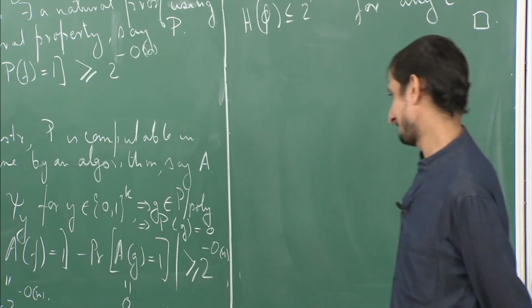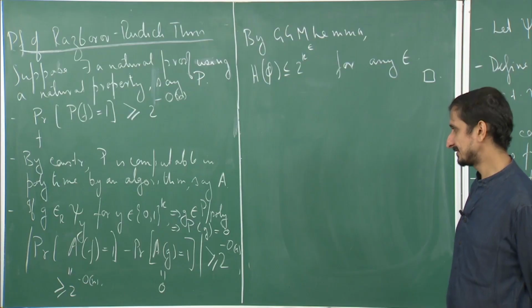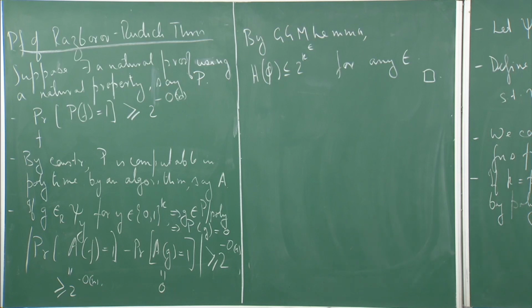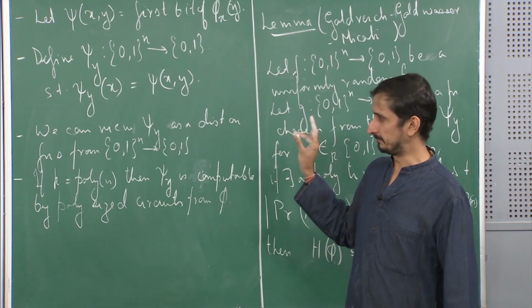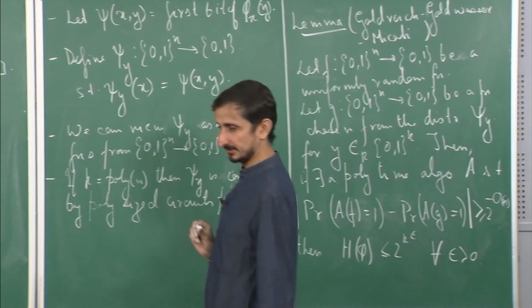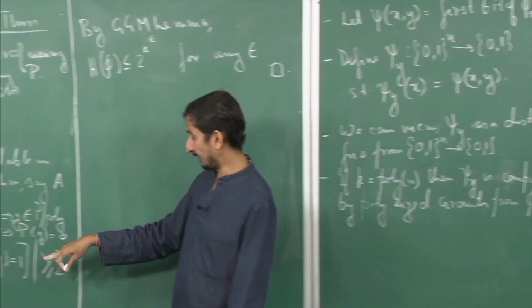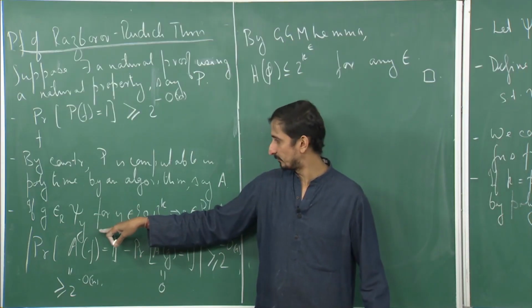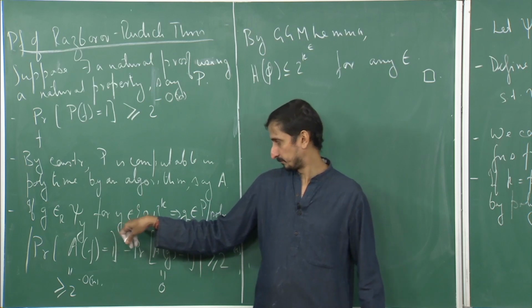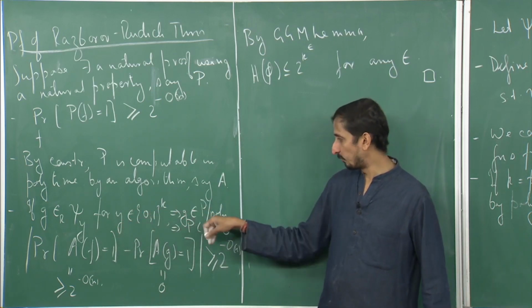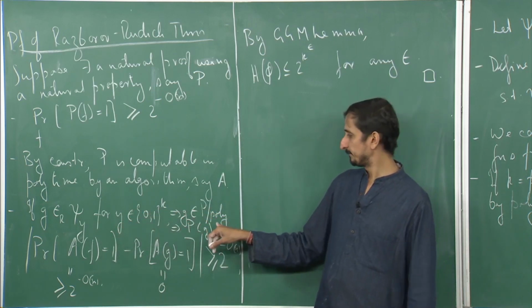This psi y is coming from some pseudo-random generator. Psi y is coming from this construction exactly. And what does it say over here? Well, y is chosen over here. Now why does G belong to P/poly?